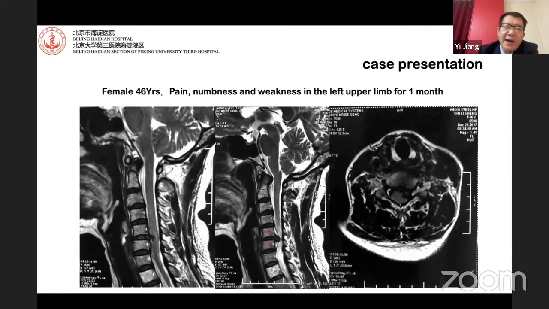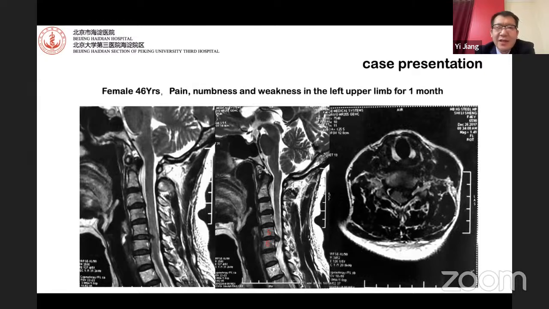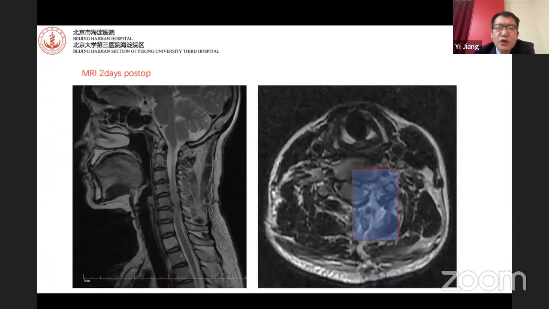This is my case. A female, 46 years old, with weakness in the left upper limb for 1 month. We can see a paramedian herniation at the C5-6 segment. We did the posterior approach for the discectomy.